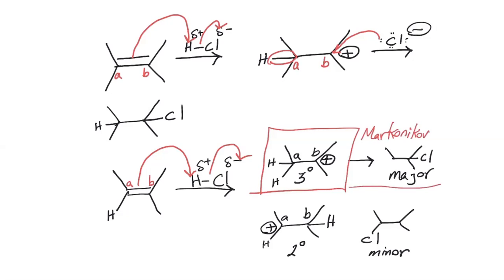So this is the Markovnikov product, and the other one is the product of anti-Markovnikov addition. And in the video, I told you how to make the anti-Markovnikov the major product. What reagent do you need to use to make the anti-Markovnikov the major product?